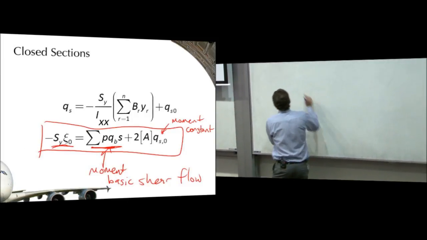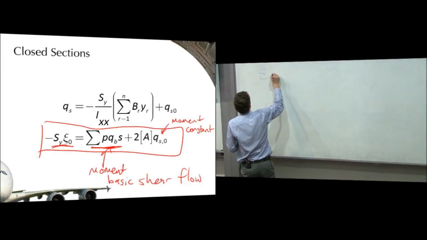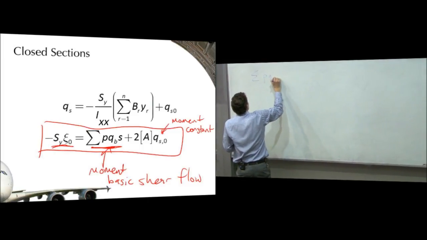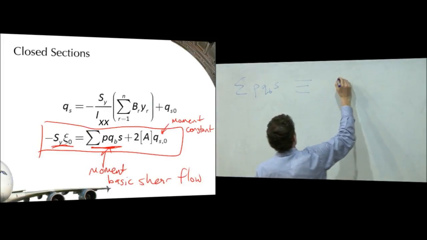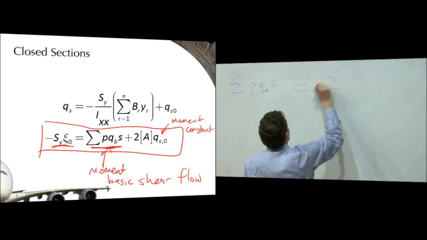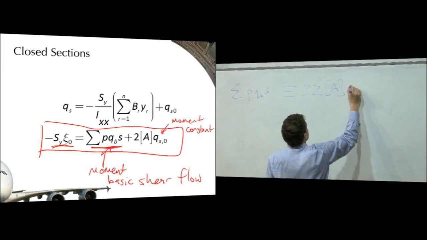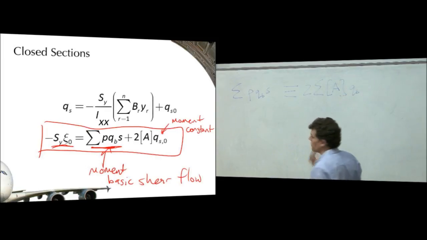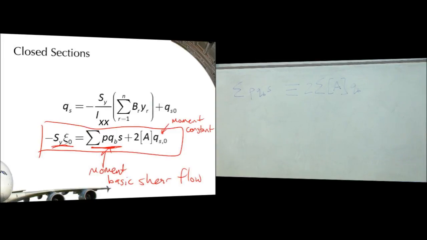So, as I've written in your online notes, sum of P, QB, S is equivalent to twice the sum of the enclosed area times QB. So we'll do an example of that right now.